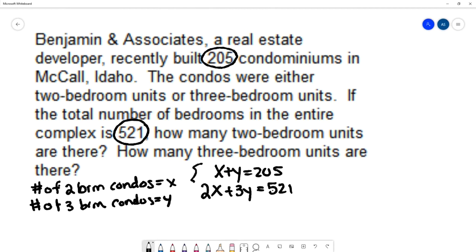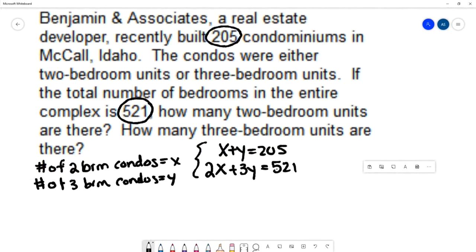So that gives us a system of equations. We're going to solve that system. You can do it with substitution or elimination. I think the last time I did this kind of problem, I used substitution, so I'll do elimination. So I would decide which variable to eliminate. Let's eliminate x.